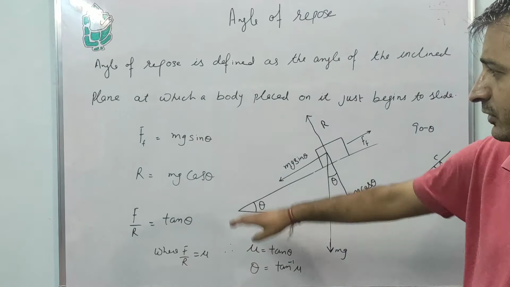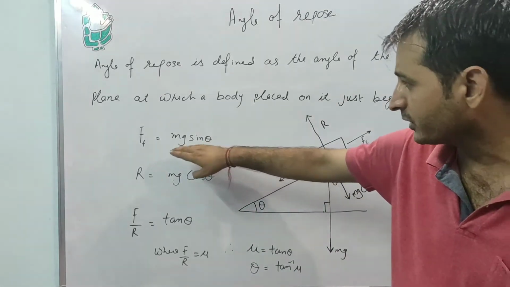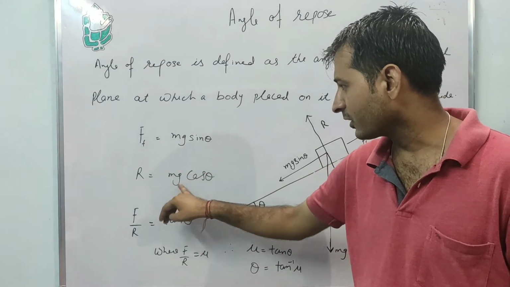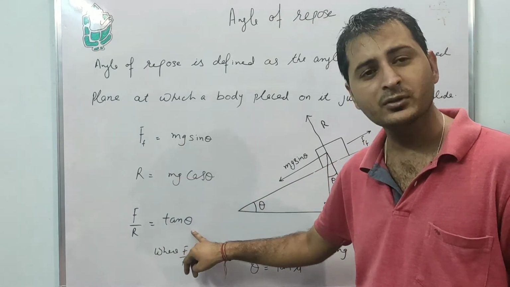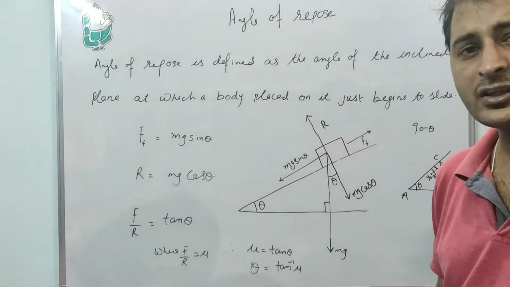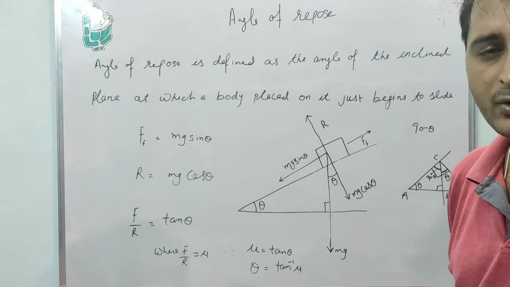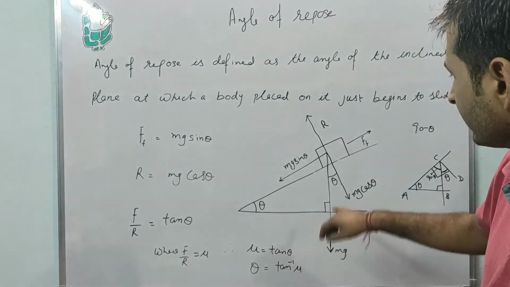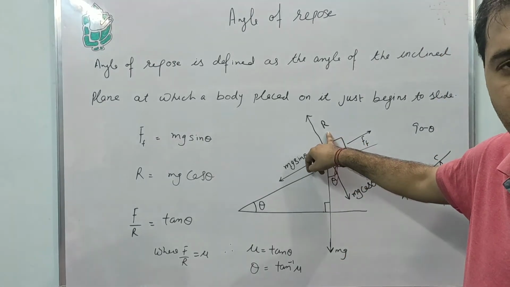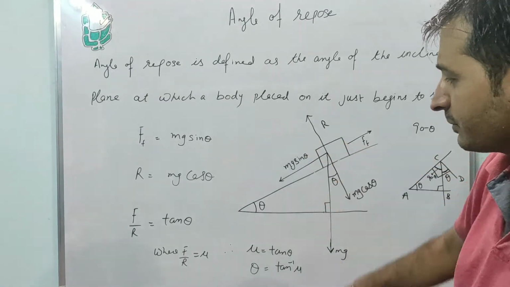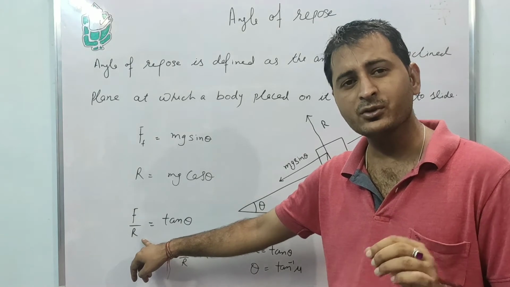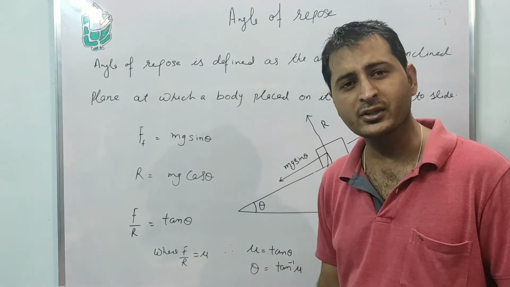From these two equations, we divide both equations, and it comes out to be F upon R equals tan theta, as mg cancels out and sin upon cos becomes tan theta. Clear? Second thing, if you remember the law of limiting friction, the force of friction is directly proportional to R. By that relation, F upon R is mu, where mu is the coefficient of friction.